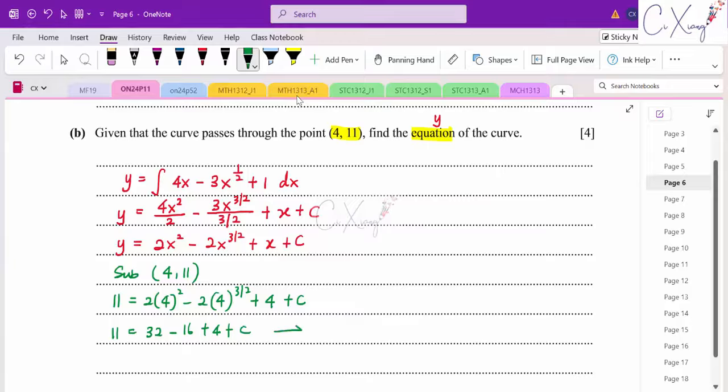You will see that basically the c value is equals to negative 9. Therefore, you can rewrite your final answer again for the equation of the curve where y equals to 2x squared minus 2x power 3 over 2 plus x and minus 9.